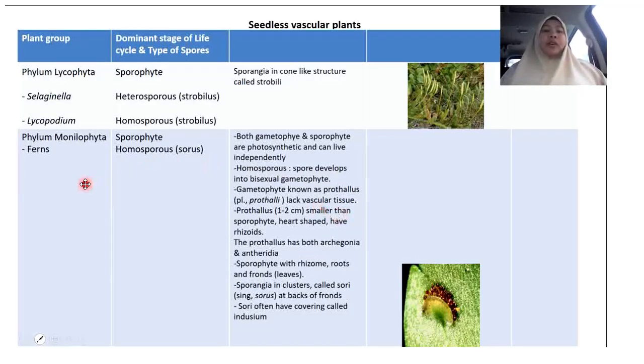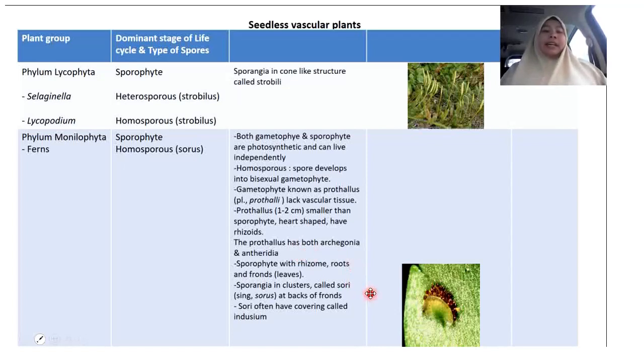For fern, the gametophyte is known as the prothallus. The prothallus is smaller than the sporophyte, heart-shaped, and has rhizoids. You already know the function of rhizoids. The prothallus has both archegonia and antheridia on the same prothallus.